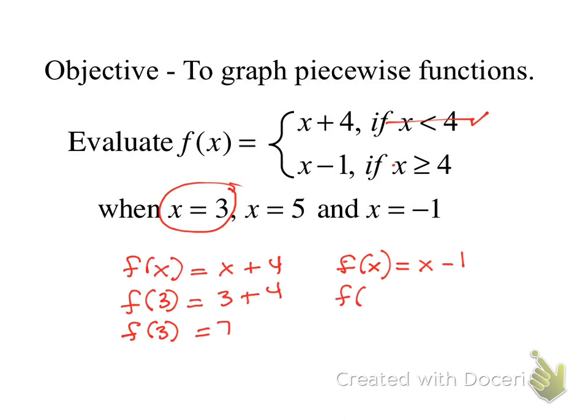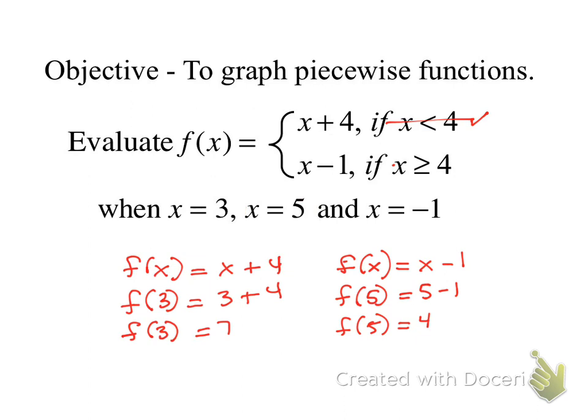The f of, this time we're using 5, equals 5 minus 1. This would be a good time for you to start taking notes. The f of 5 is equal to 4.